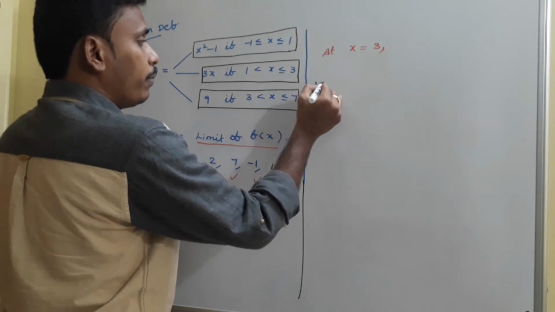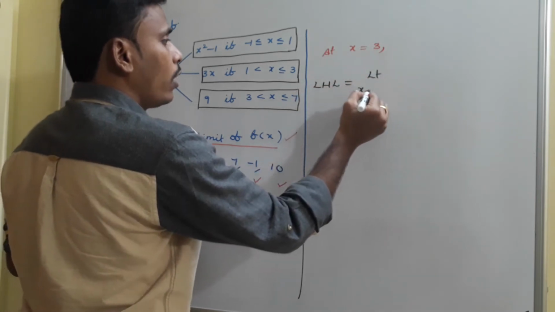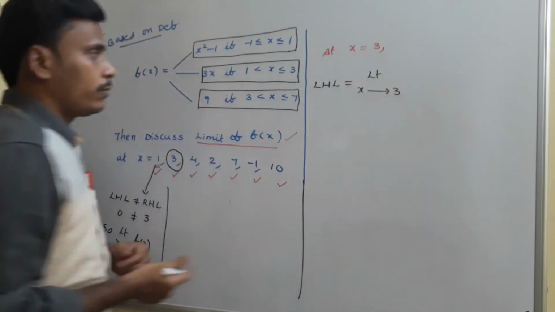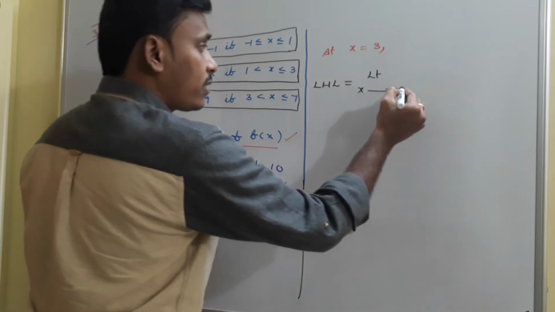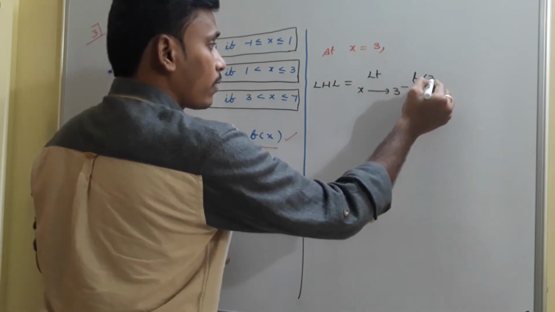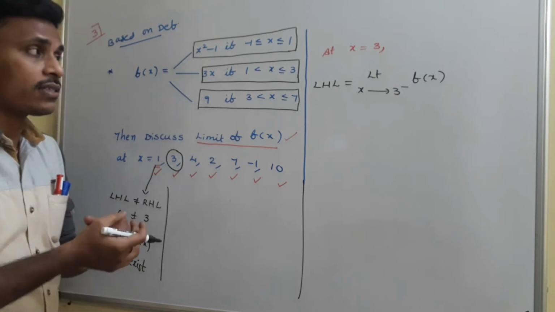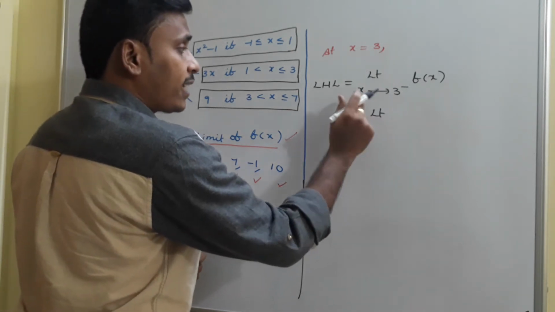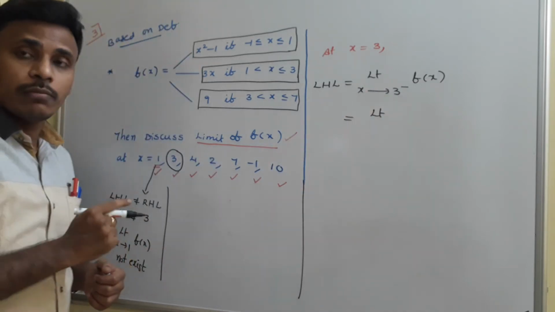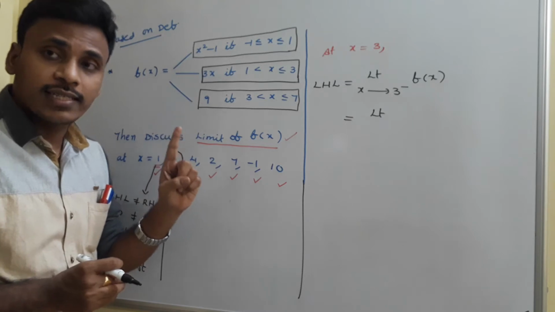Now the left hand limit. Left hand limit is limit x tends to 3 minus f of x. And this is equal to, again as I mentioned, x tends to 3 minus involves two aspects. One thing is x less than 3.